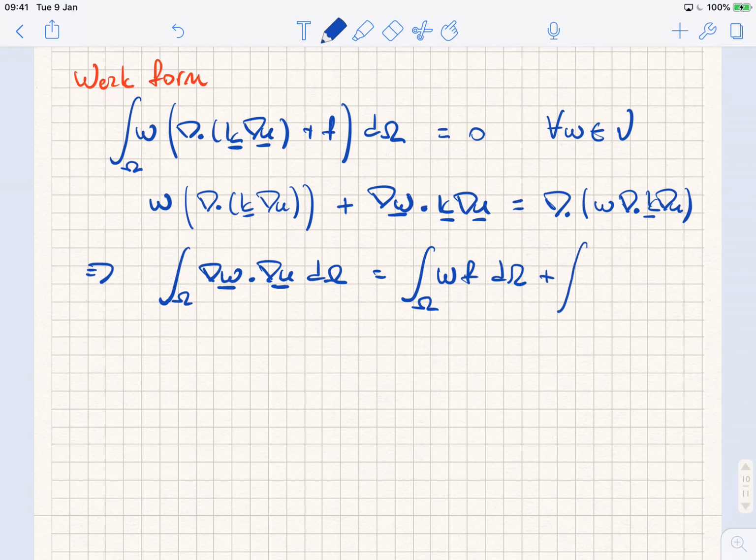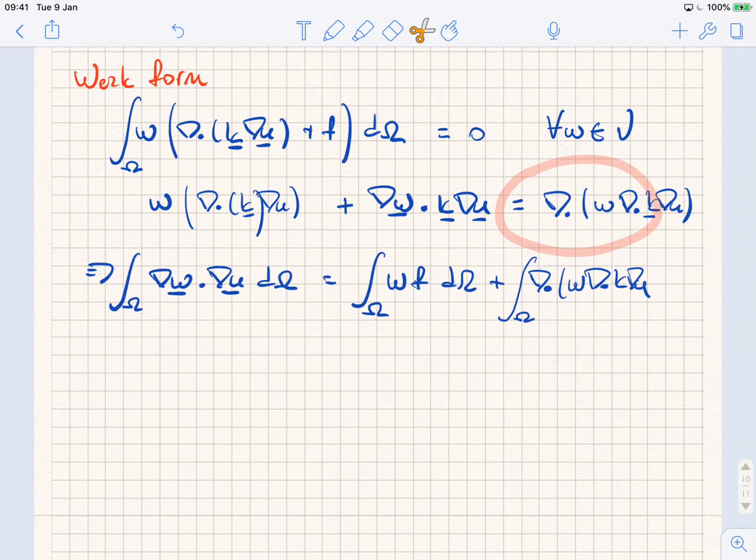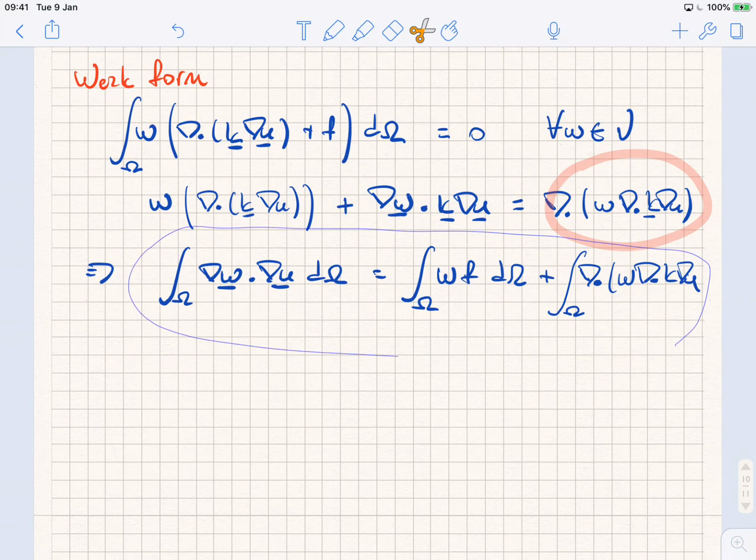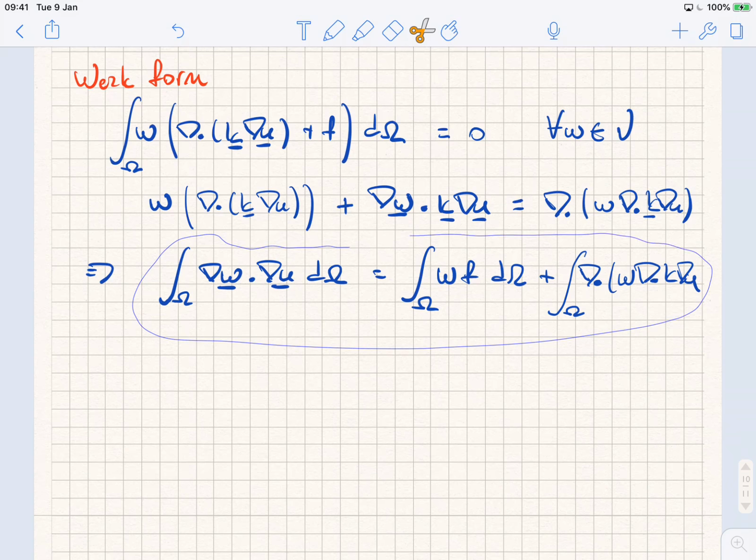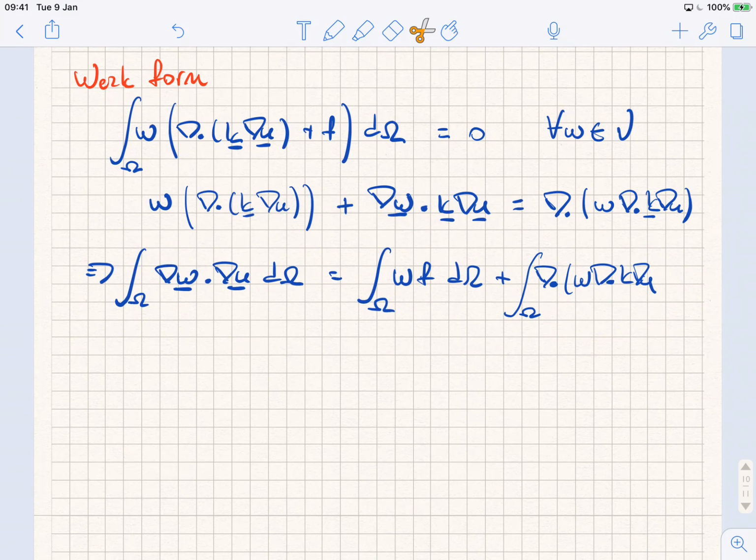And then we're going to have the integral over omega of the divergence of all that term. Let's move everything back. d omega. And now this is our new expression.